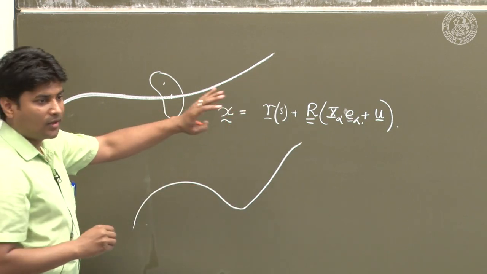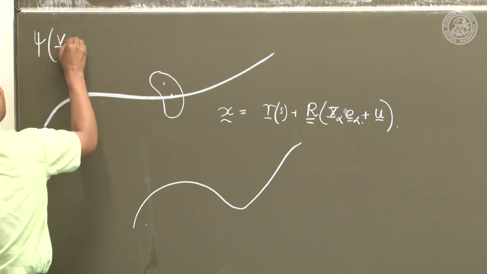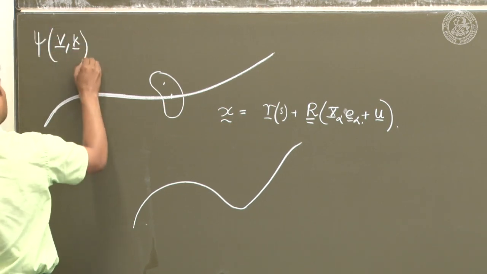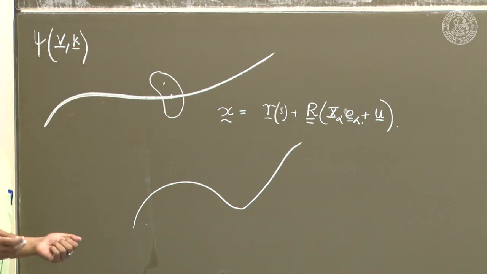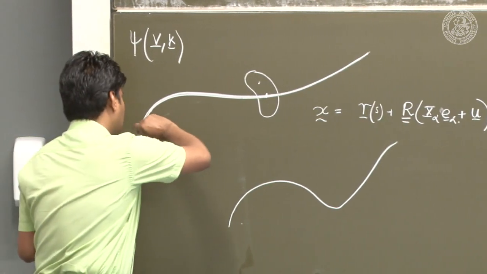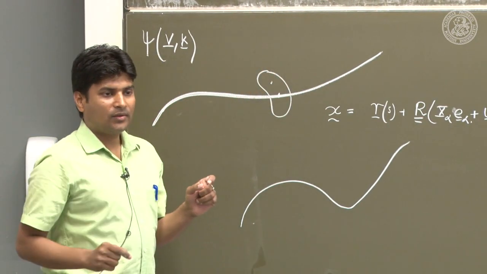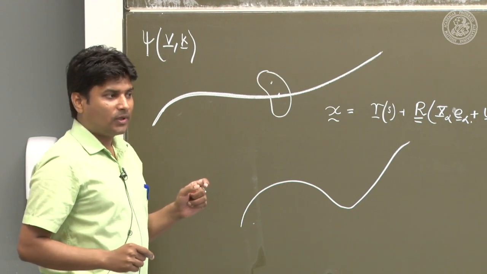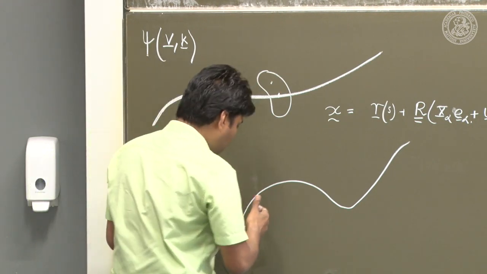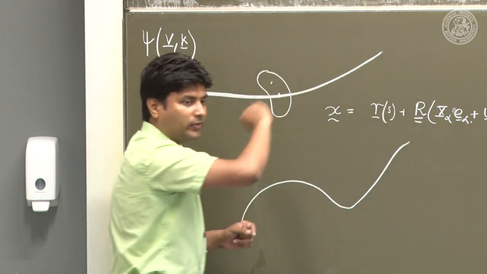Okay. See, our goal was to get psi for a given V and K, some V and K. Now, an actual rod, when it gets deformed, it won't have same V and K everywhere. So, what I am asking you, think of a rod which has same V and K everywhere.